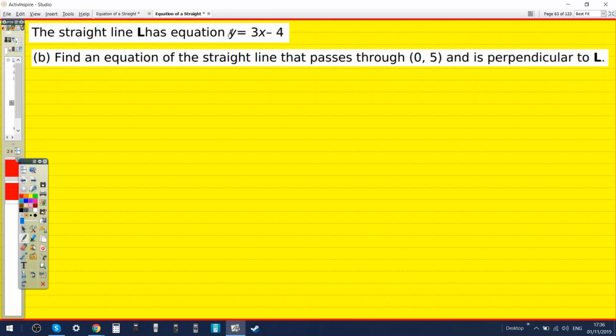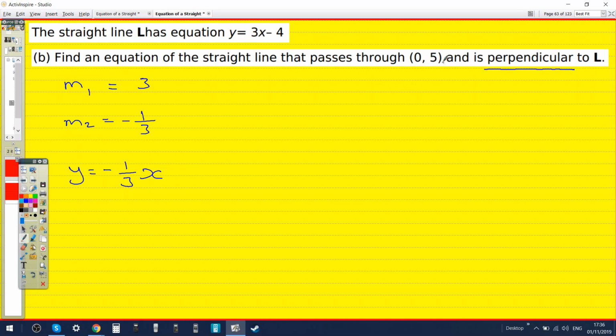Well, what is the gradient of y equals 3x minus 4? 3. Okay, so we want a line that's perpendicular to that. So minus a third. So y equals minus a third x minus 4. It's minus a third x, but it doesn't go through minus 4.